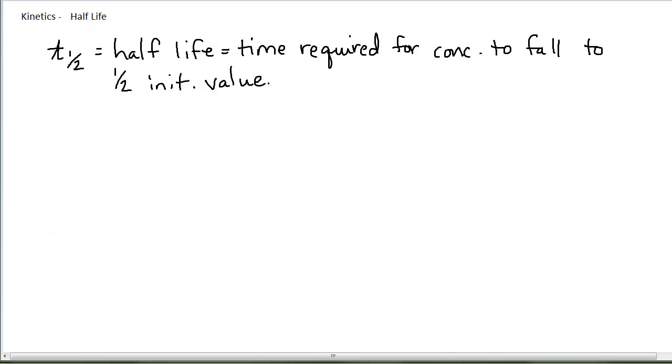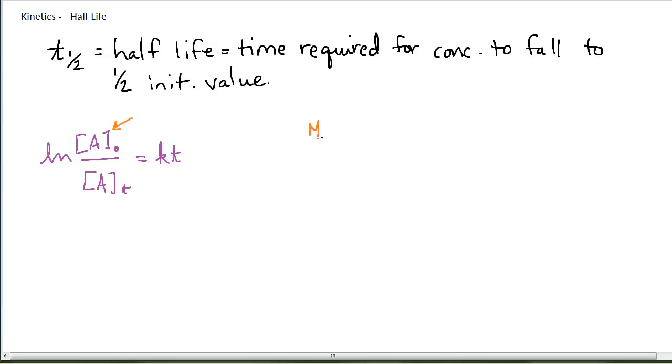All right, let's go back to our equation for a first-order process. Our first-order integrated rate expression looked like this. Based on how it was derived, we're talking about concentrations. That's what these brackets mean. I have the initial concentration divided by the concentration after a certain time.